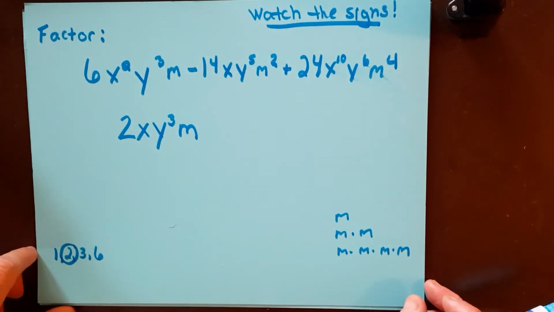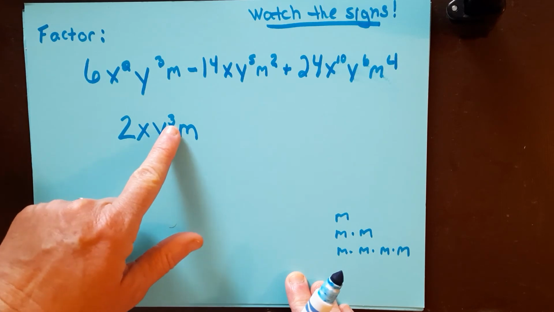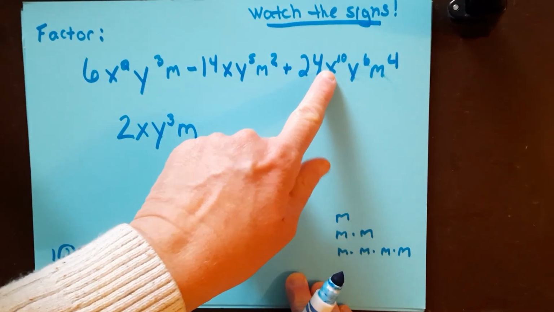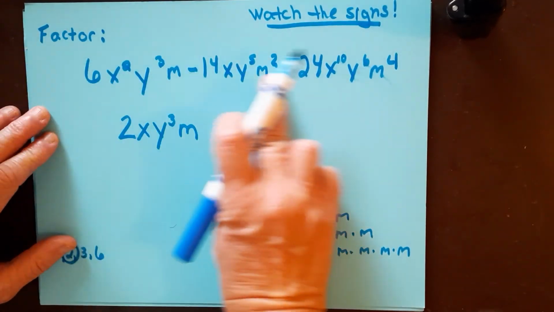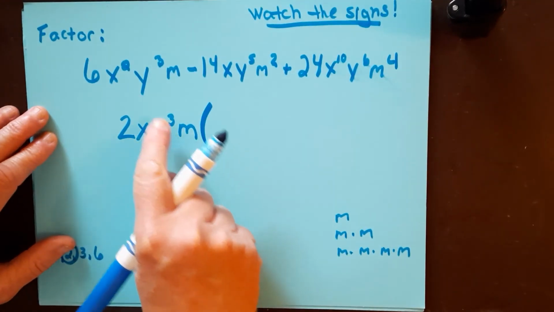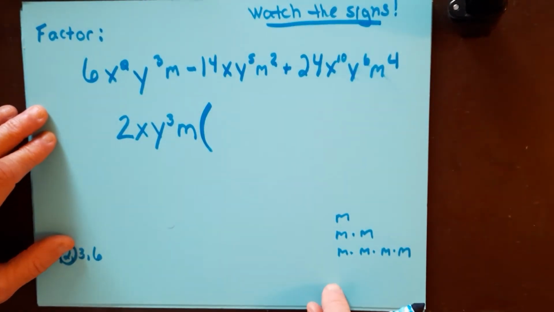So we're going to look at that with this last one that we just did. We found the greatest common factor, 2x y cubed m. It was the greatest common factor of these three expressions. So if we are going to factor this, we're going to take 2x y cubed m out of each one of these. When I say take it out of, I mean we're going to divide.